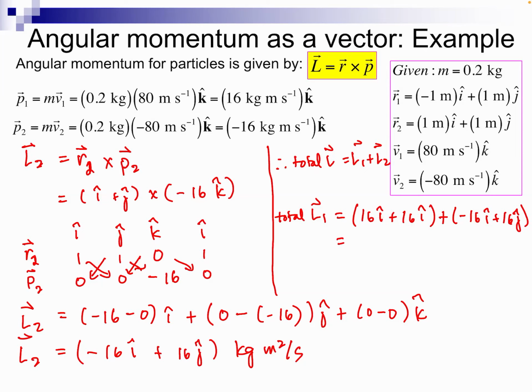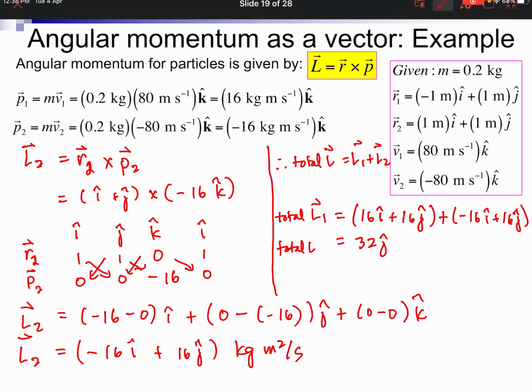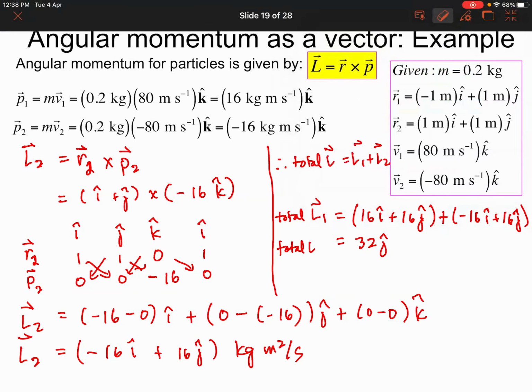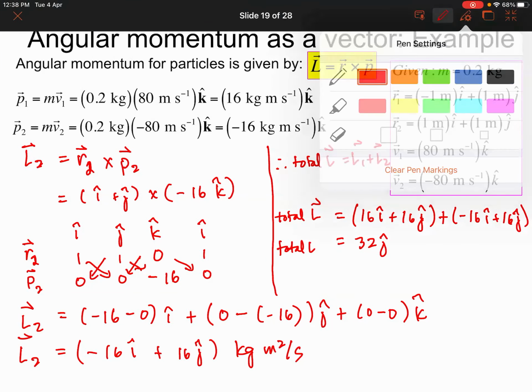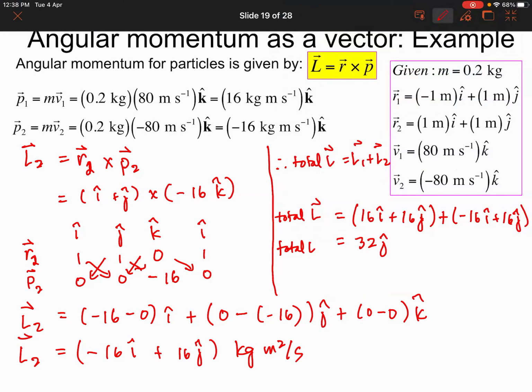So 16 i hat minus 16 i hat will give you 0, and 16 j hat plus 16 j hat will give you 32 j hat. That's total L. So the total angular momentum is 32 j hat, and the unit is kilogram meter squared per second.